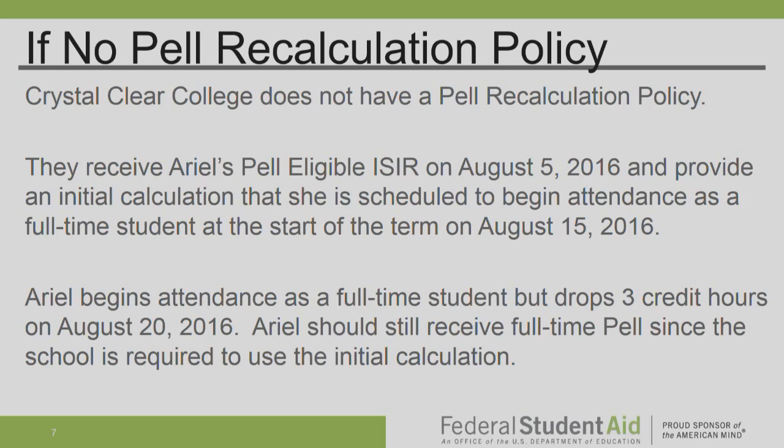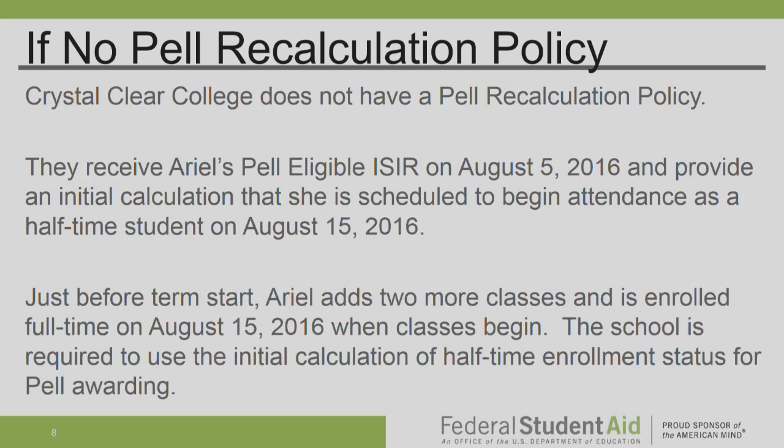I don't care when she dropped it. I don't care that it was just 5 days or 4 days after the term began. I get to maintain full-time status for the student as opposed to 3/4 time, okay? That sounds wonderful, right? Why don't we all have no recalculation policy? Well, you'll see why in just a second.